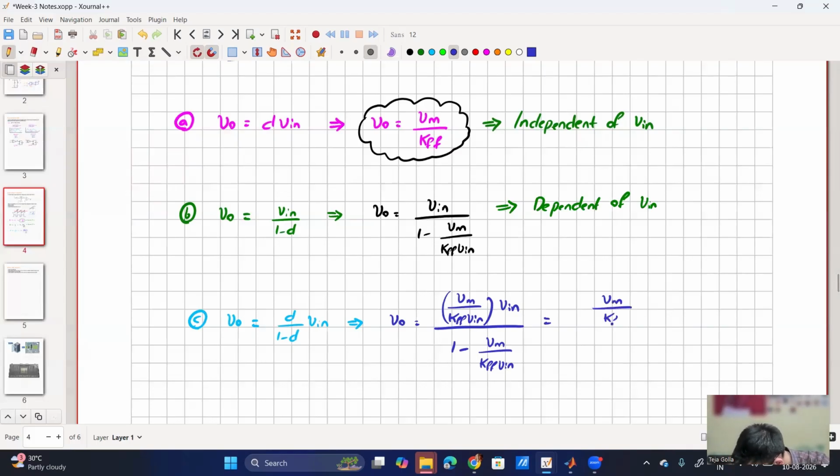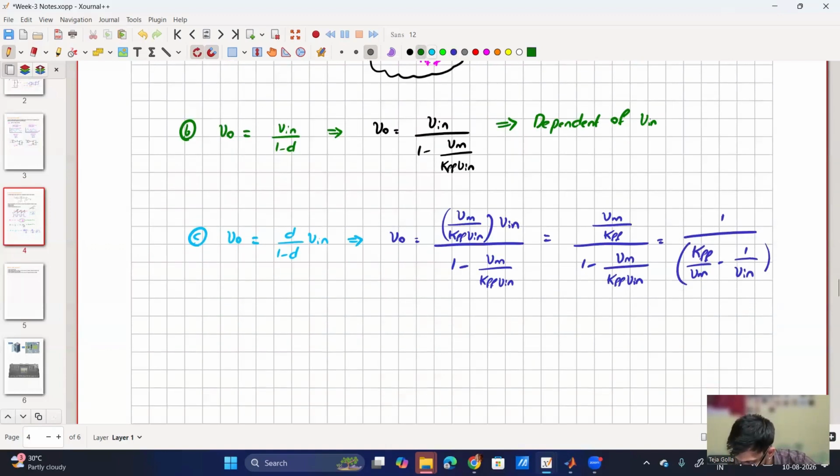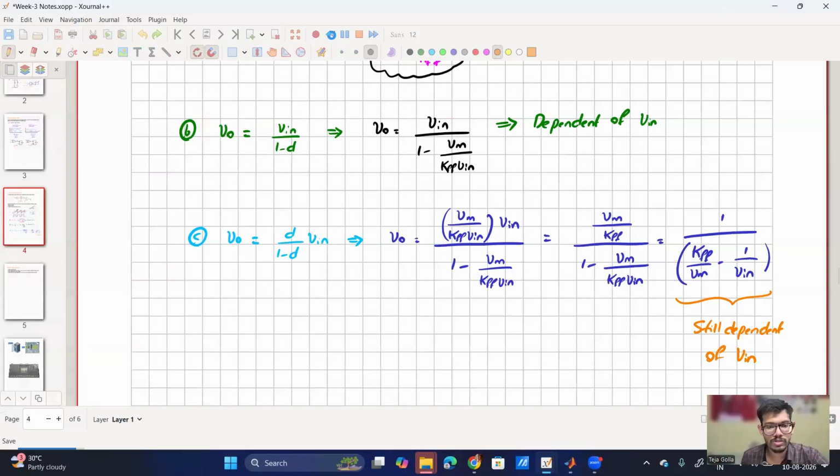It will be Vm by KFF by 1 minus Vm by KFF into Vin. So if I take Vm by KFF common on the numerator and denominator, I'll get 1 by (KFF by Vm minus 1 by Vin). So it is still dependent on Vin.